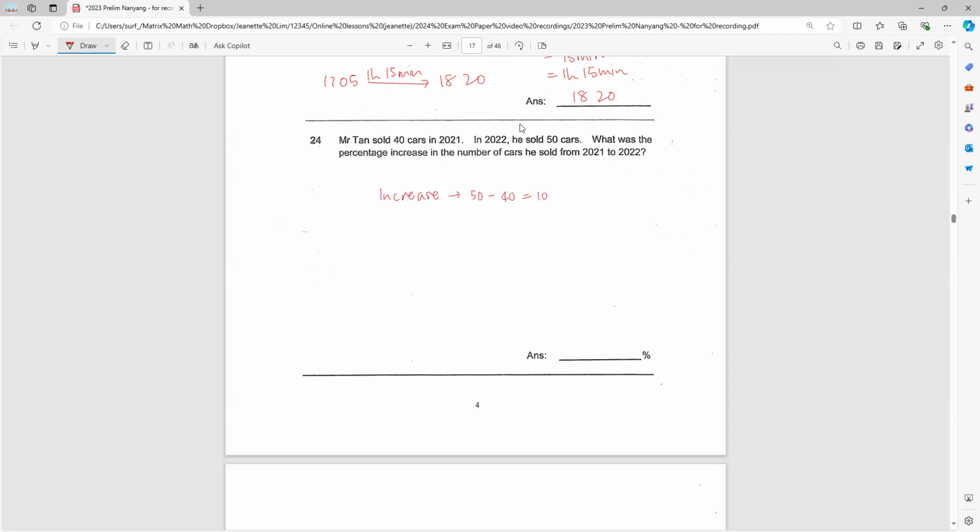So percentage increase will be 10 over the original. When we compare, we are comparing to 2021, right? The one that happened first. So the original will be 40. Then times 100%. So 10 over 40 is 1/4. 1/4 of 100 is 25. So 25%.